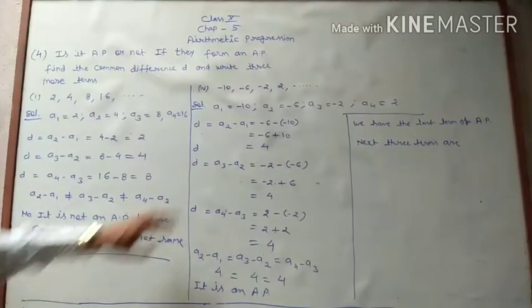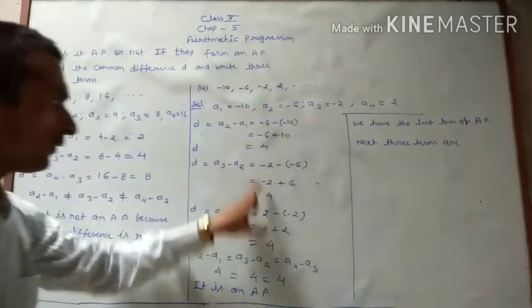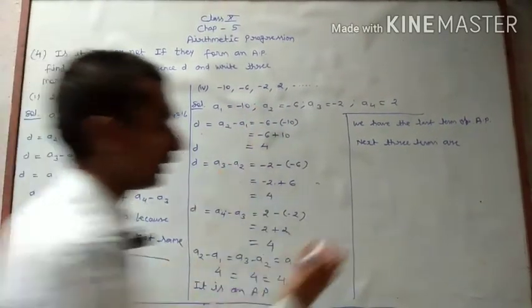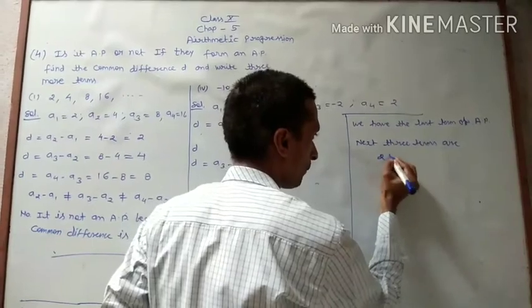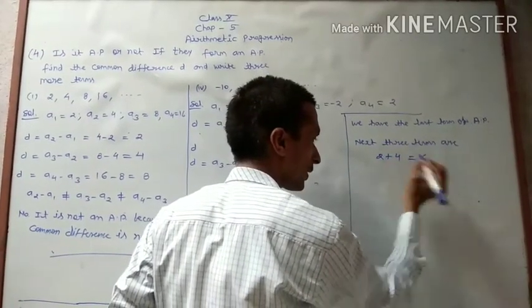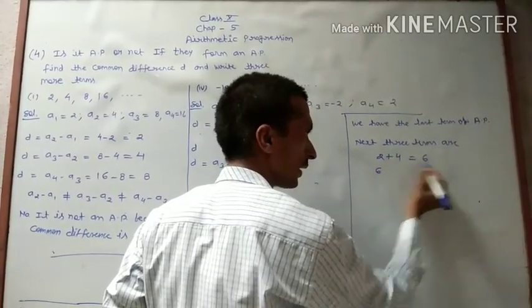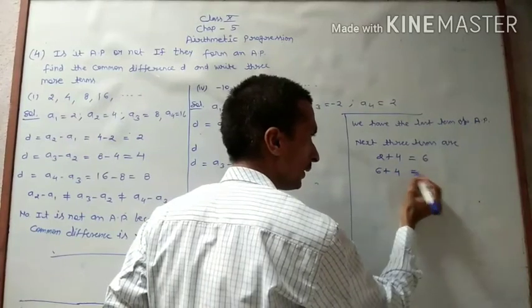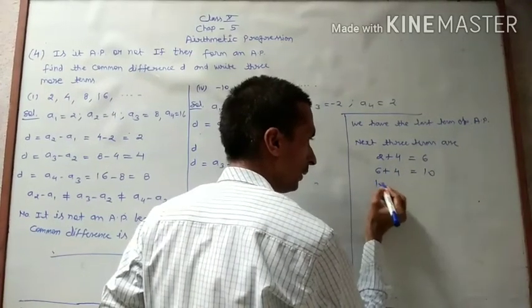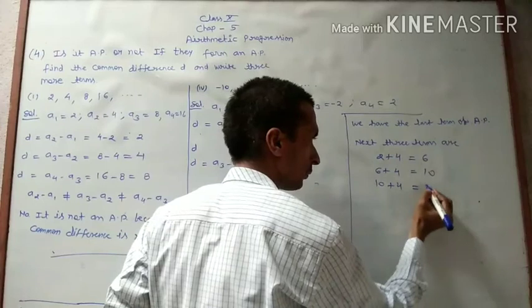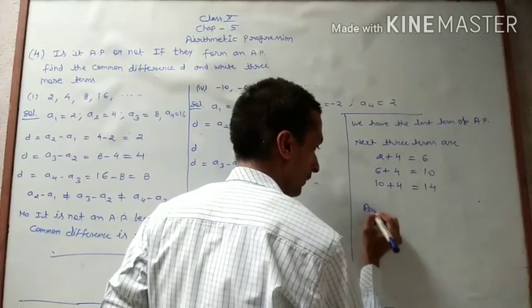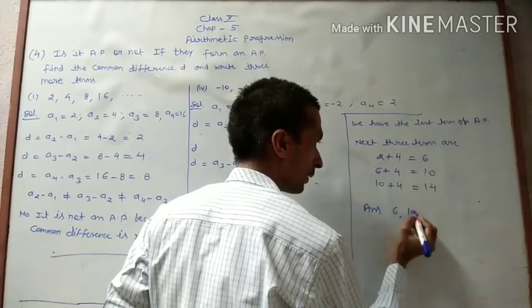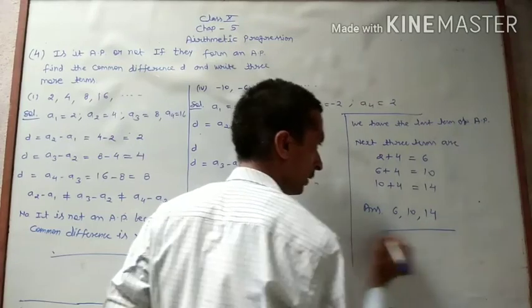So what will be the last number? It is 2 and the common difference is 4. So now you can write 2 plus 4 is equal to 6. The next number, 6 plus 4 is 10, and 10 plus 4 is 14. So the answer is 6, 10, 14.